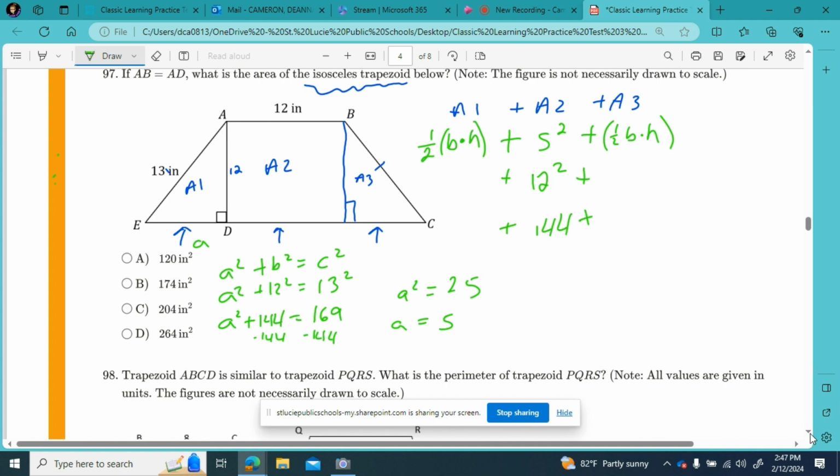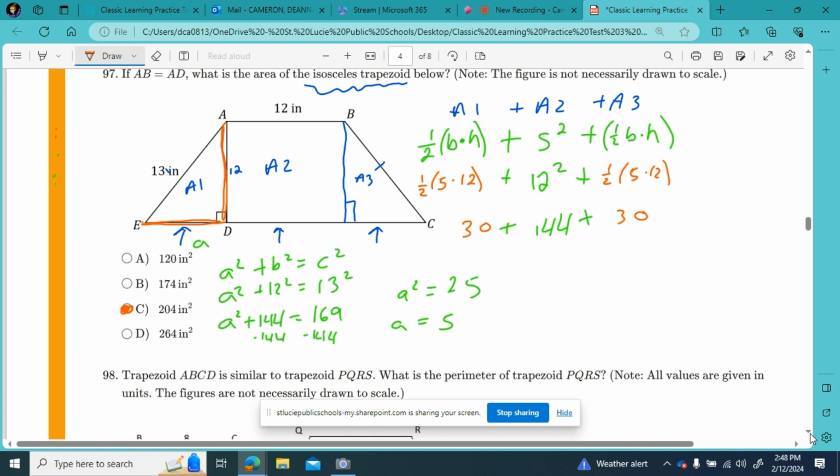We can plug that back into our formula: 1/2 times 5 times 12, because our base a is 5 and our height of our triangle is 12. And 5 times 12 is 60. Half of 60 is 30. And these will be the same. And 144 plus 60 is 204. Our correct answer is C.